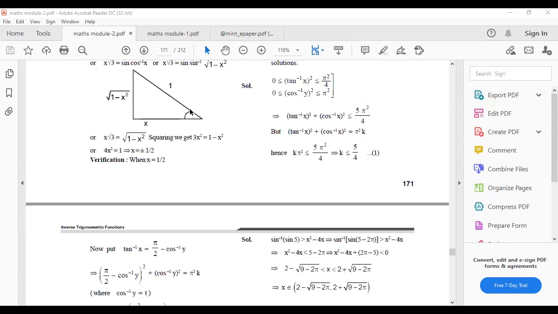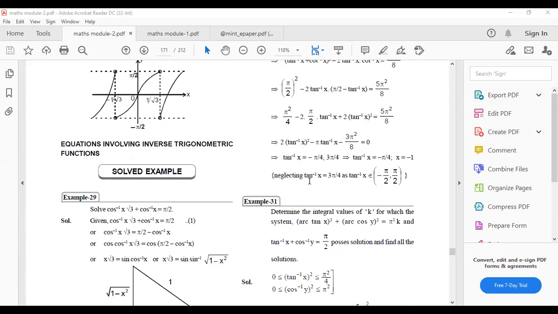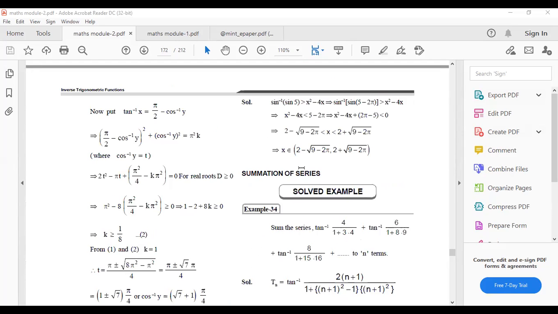Now if you take the original equation, the equation which we solved for example number 30, will you be able to form this kind of quadratic equation? Will this kind of quadratic equation be formed? Yes, please tell me.